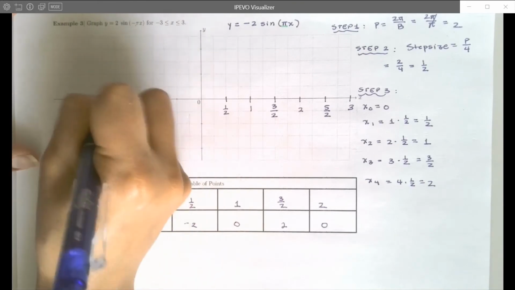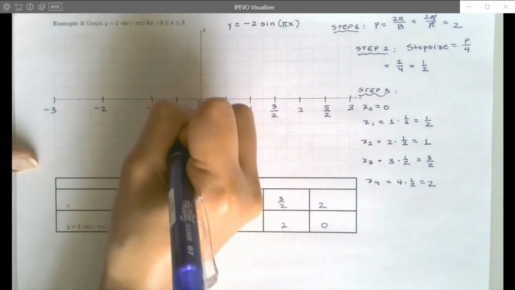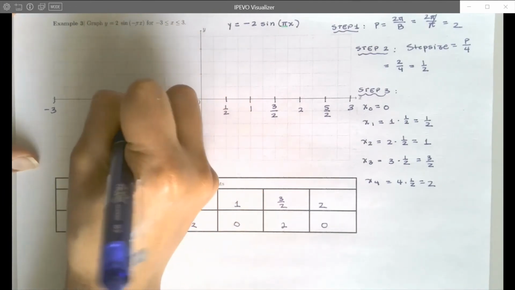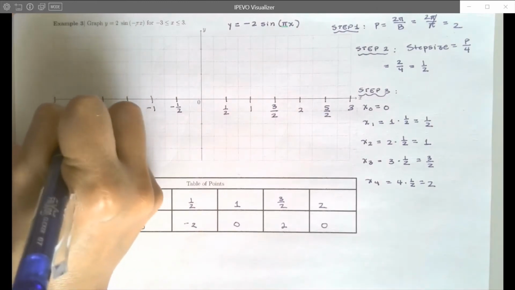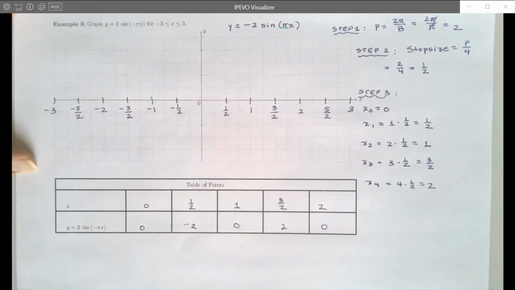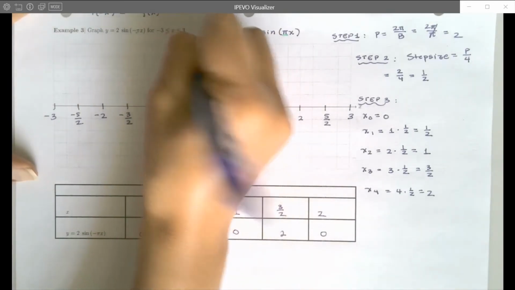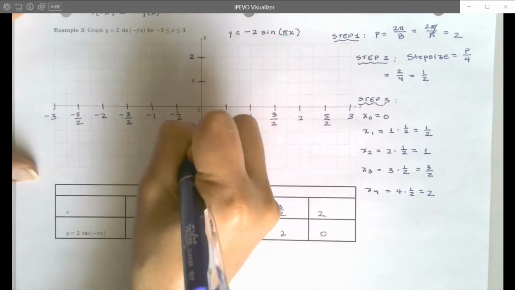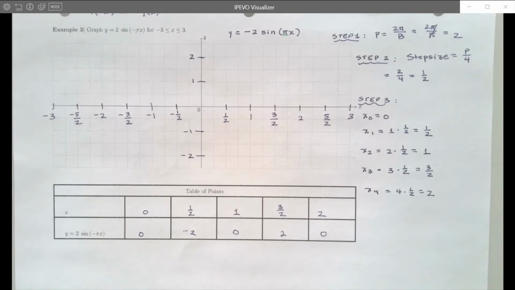We'll have -1, -2, -3. This will be -1/2, -3/2, -5/2. And let's see, lowest point is -2, highest point is 2, so we can make this 1, 2, and then -1, -2. And now we have all the tick marks that are needed.